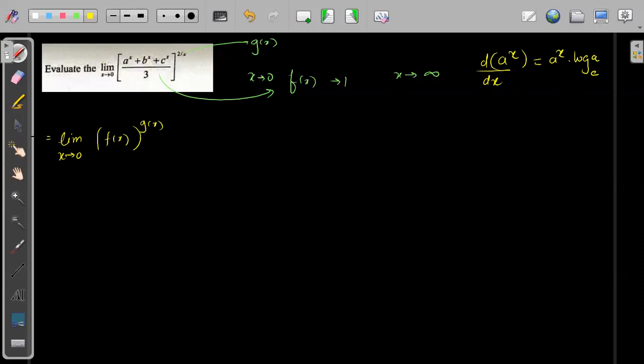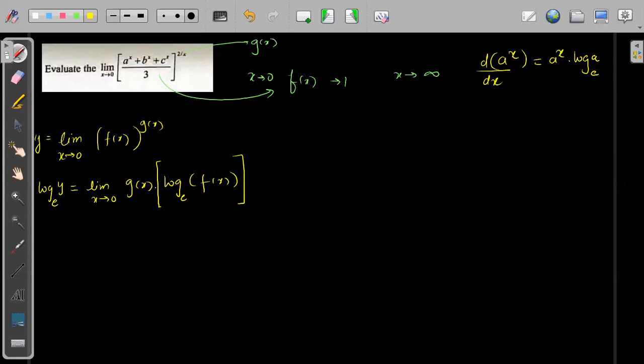So suppose this is y. So we will take log base e y is equal to limit of x tending to 0 g of x into log base e f of x, right? We have got till this point.